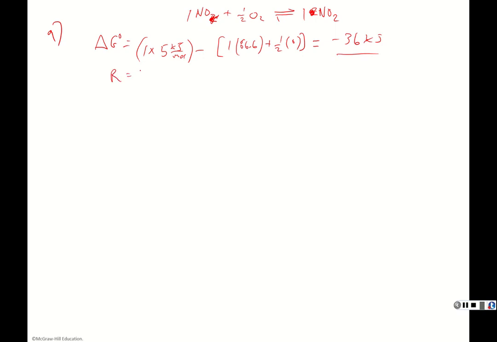R is just always going to be 8.314 joules per mole Kelvin. And so our equation is delta G naught equals minus RT ln of K. We can rearrange this to solve for ln of K. That would just be delta G naught divided by minus RT.